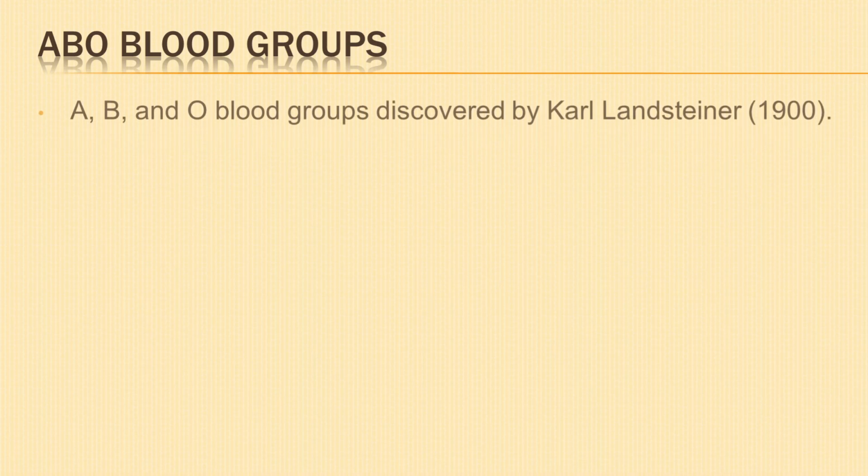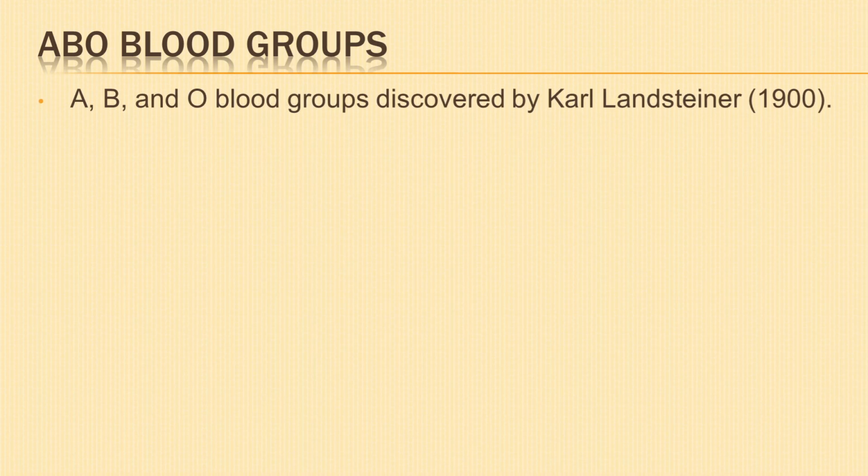Next, we shall move on to ABO blood groups. The A, B, and O blood groups were discovered by Karl Landsteiner in 1900.